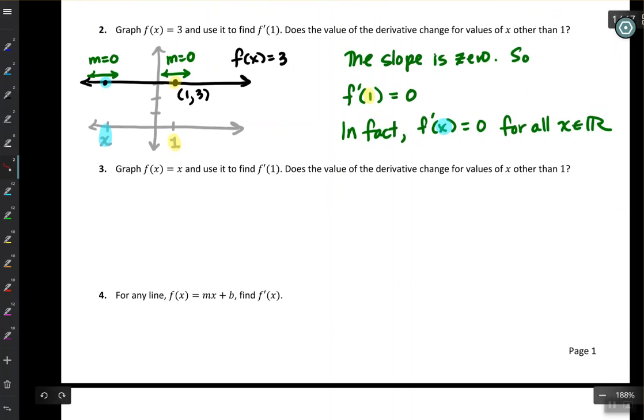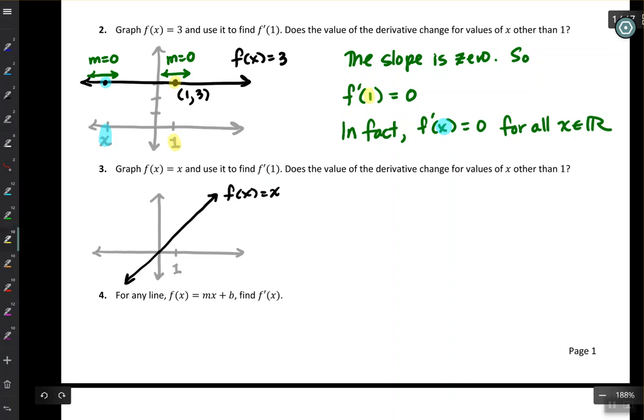What about this line, the line y equals x? F of x equals x. Here's your y equals x. First, find f prime of 1. That's saying, what is the slope of the tangent line to the line y equals x when x is 1?